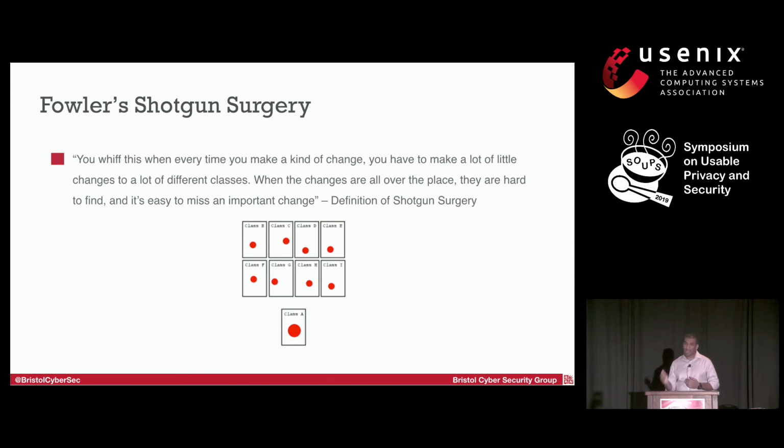Okay, so an example of a code smell is Fowler's shotgun surgery. The idea here is basically, say a developer wants to make a change. They've made their intended change to a certain class, right? But they may also need to make other smaller changes to the surrounding classes as well. Now the issue arises when they need to keep track of all these changes, and in doing so, they may miss an important change.